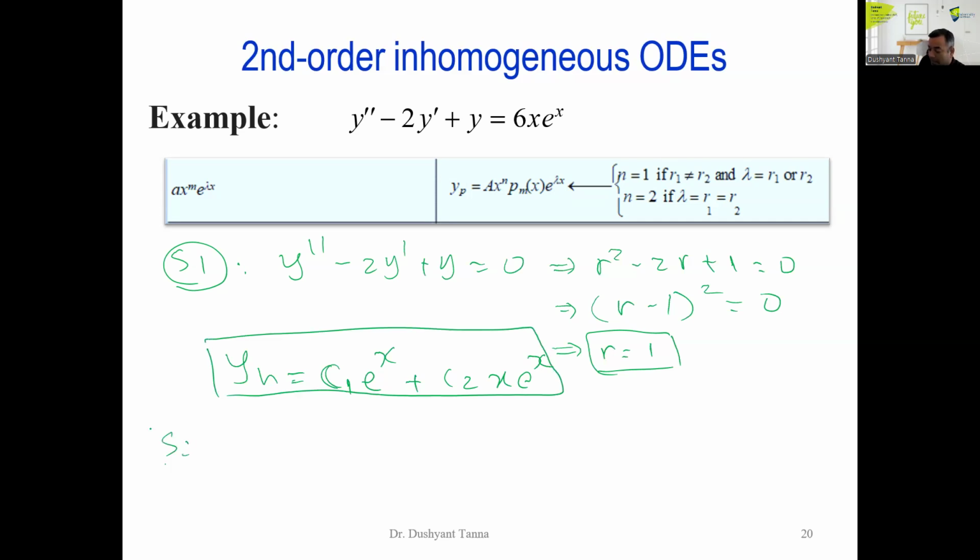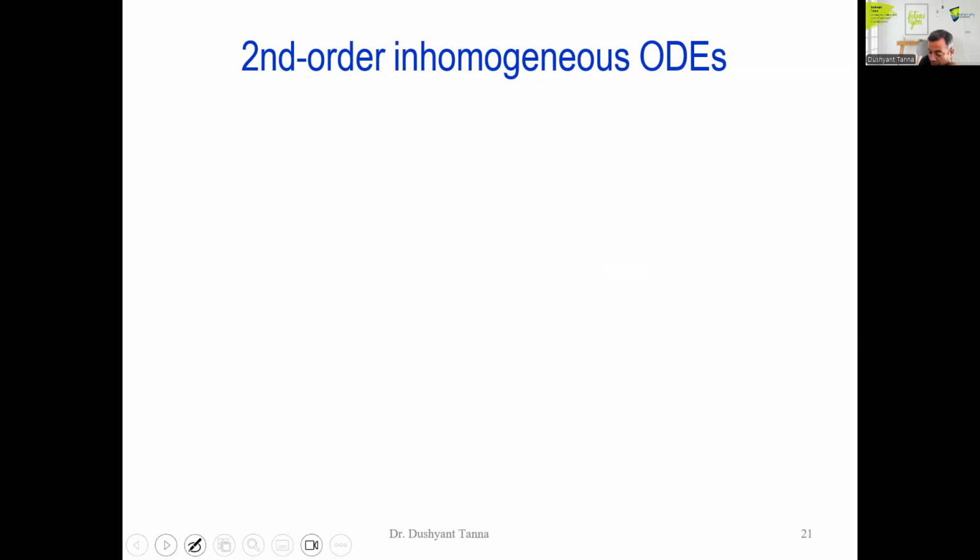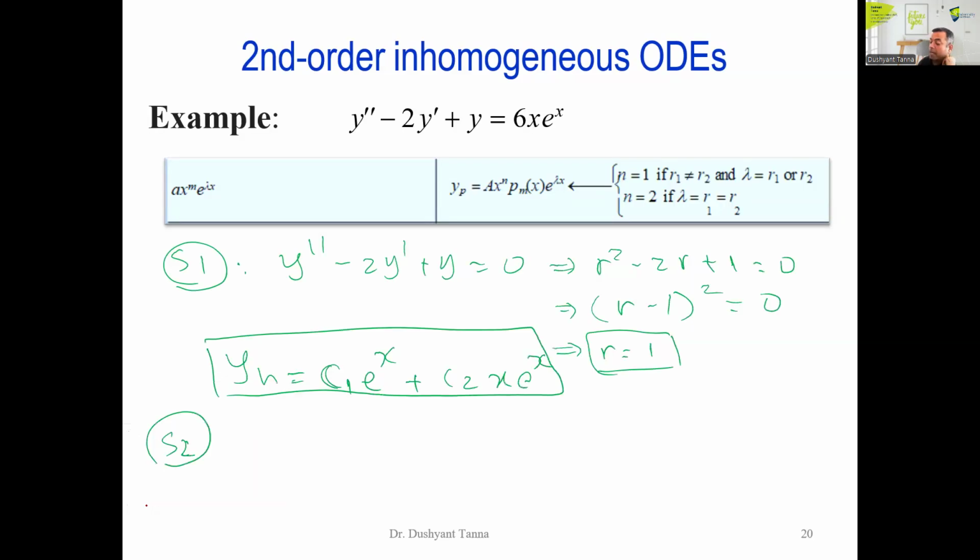Now, when you go to step 2, the choice of y_p and what functions or n, this is where you will talk about all the forms of y. Okay, I wrote everything in green. Now let's swap the color, go to maroon. Compare this with A x power m e raised to lambda x. That will give you A is 6, which is good.